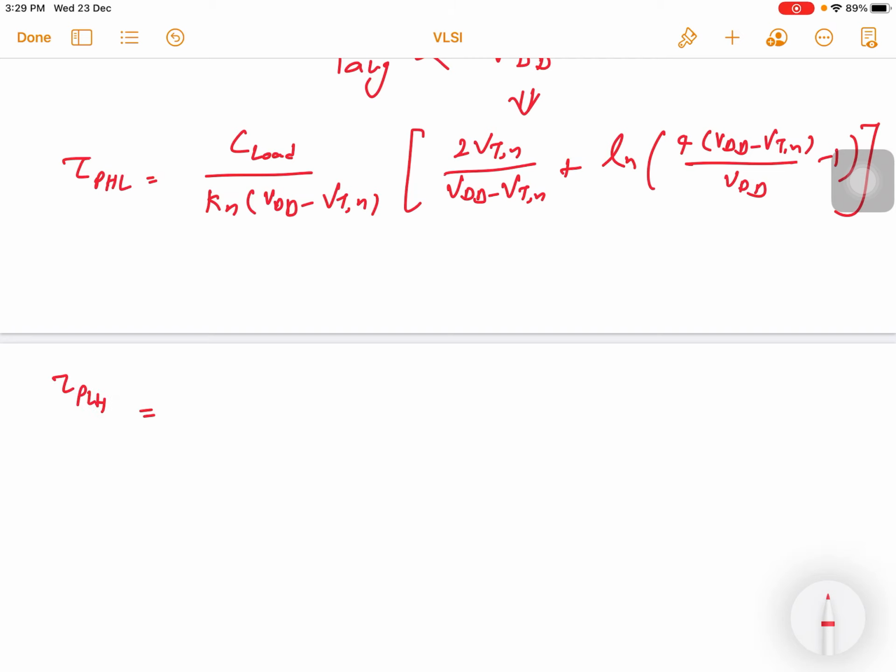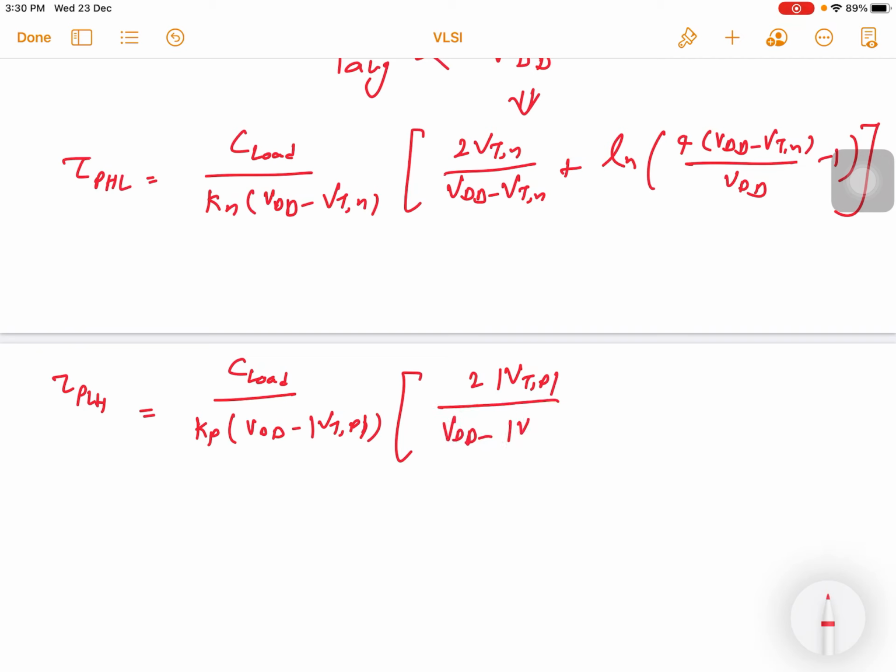And tau PLH is given by C load upon Kp times VDD minus mod of VTP, times the bracket of twice mod of VTP upon VDD minus mod of VTP plus ln of 4 times VDD minus VTP upon VDD, minus 1.